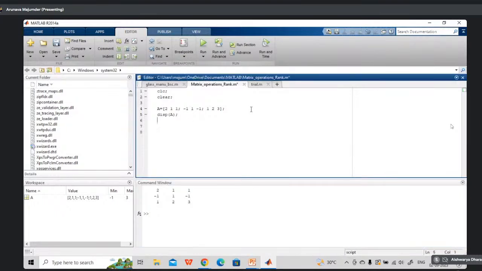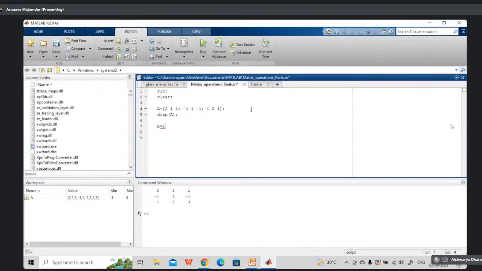Now let us write down the B matrix. Remember that the B matrix is a column matrix, which means each row has only a single element.